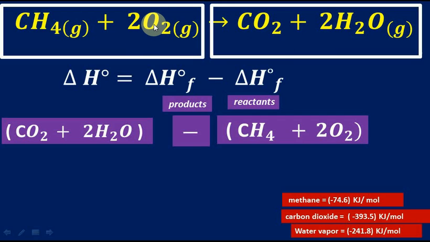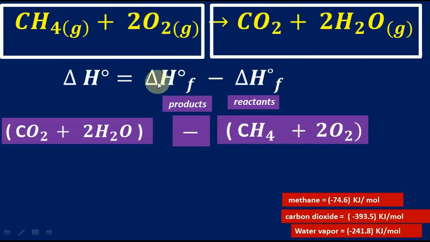Why? Who can answer? Because the heat content of any element in its standard state equals 0. Very good. Because it is present in nature as it is, as oxygen in the gas state. So its heat of formation equals 0. So now I have the 4 values.